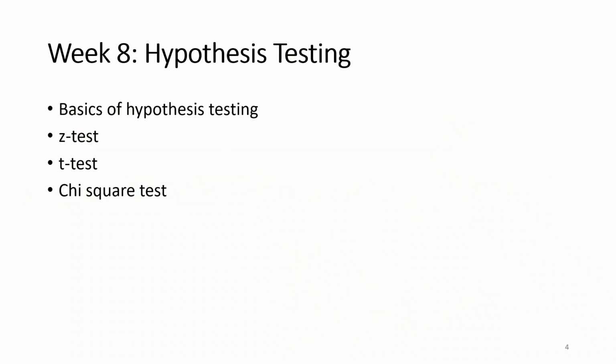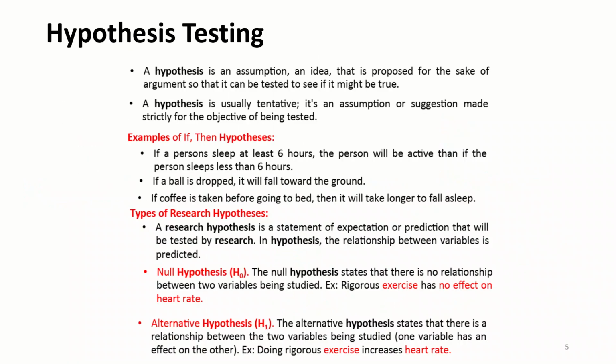Coming to this week's topics, it was basics of hypothesis testing, z-test, t-test and chi-square test. Hypothesis testing is all about, first to define a hypothesis, it is an assumption, an idea that is proposed for the sake of argument so that it can be tested.